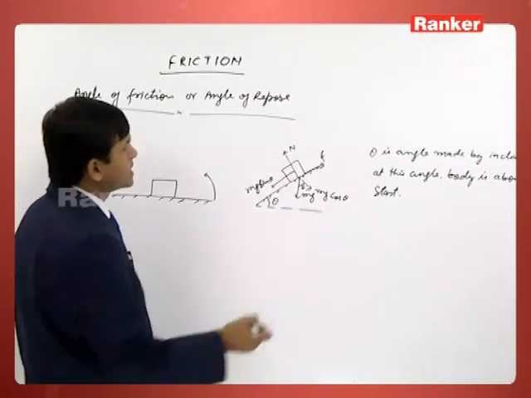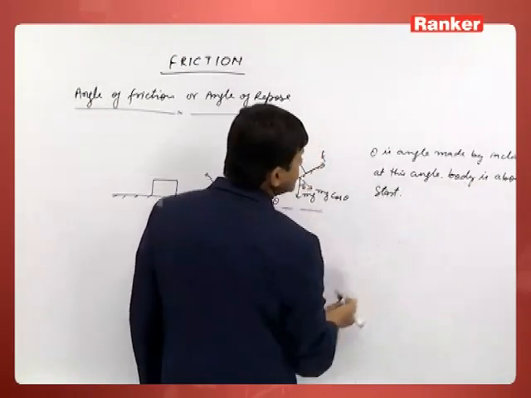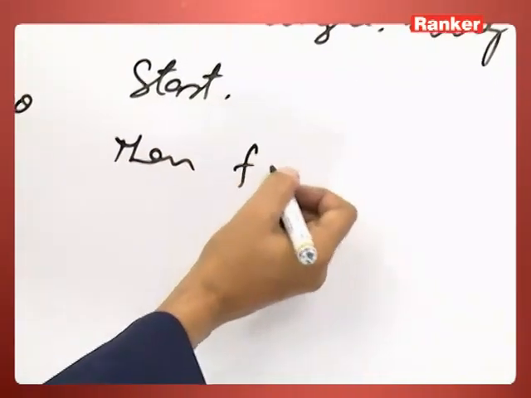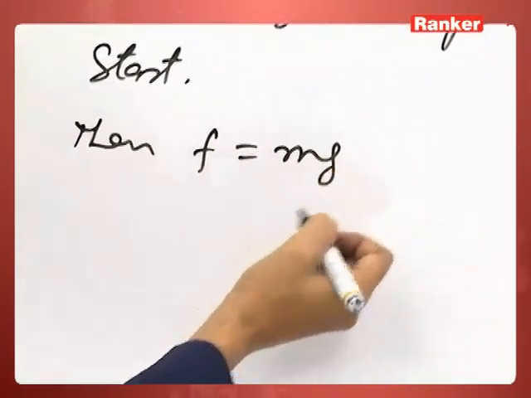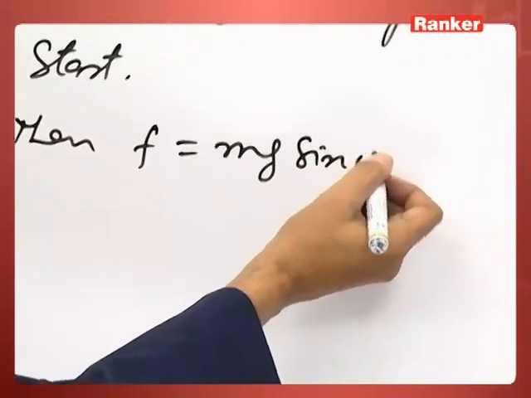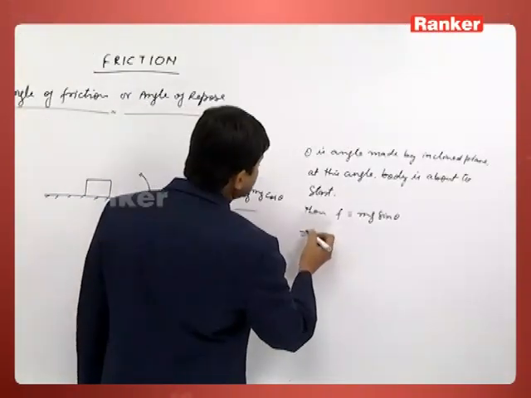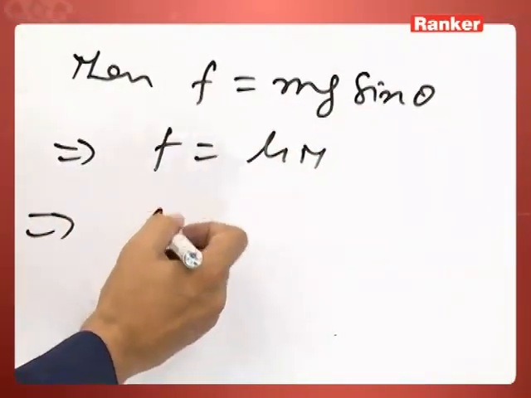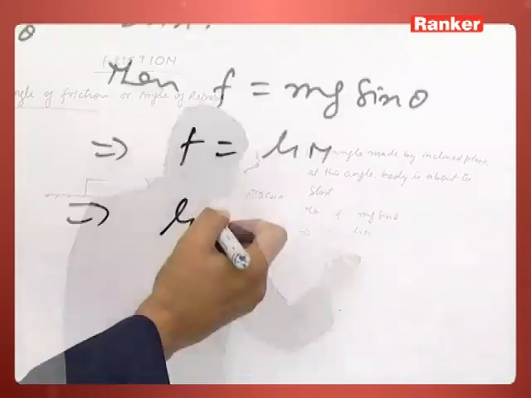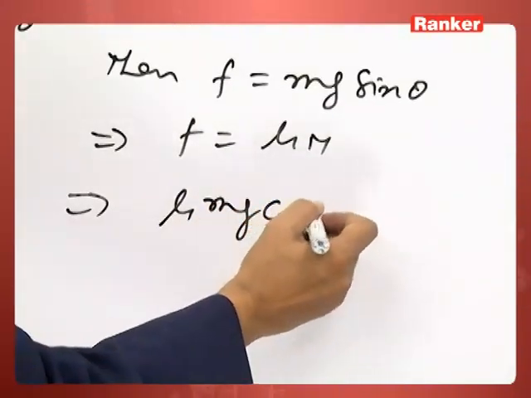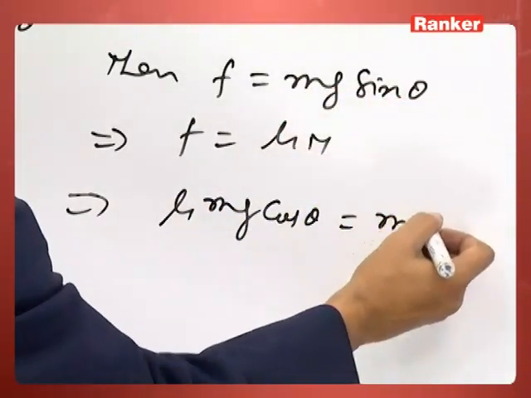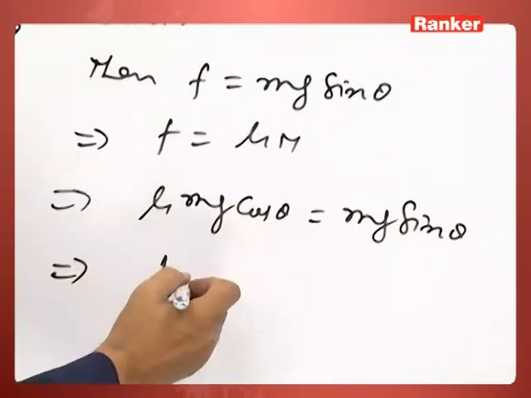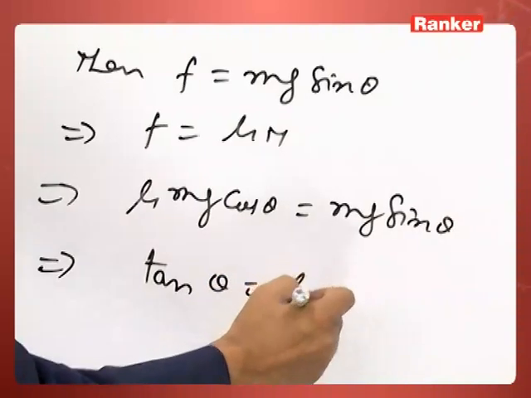Since the body is about to start, F must be equal to mg sin theta, and F is equal to mu into N. So mu N is equal to mg cos theta, which is equal to mg sin theta. Then again we get tan theta is equal to mu.